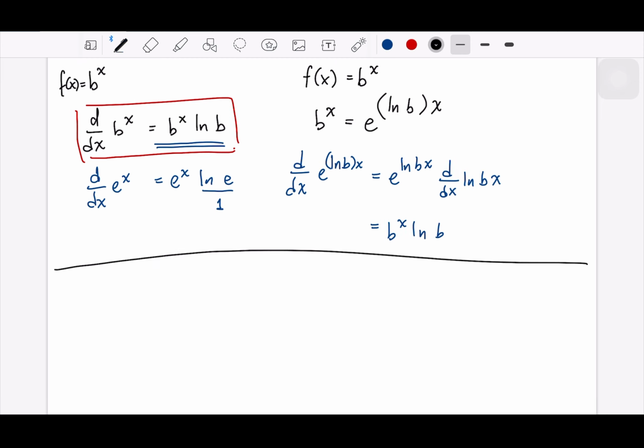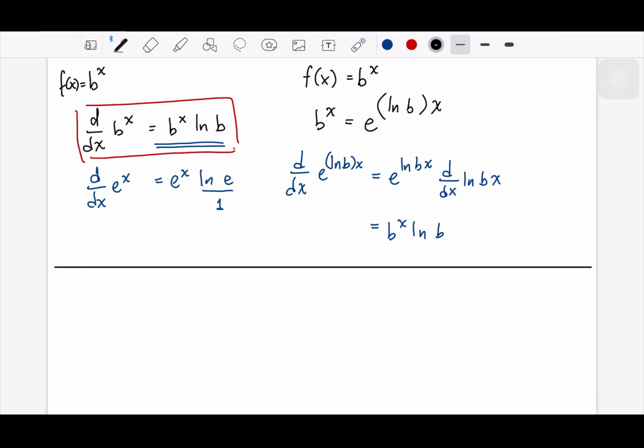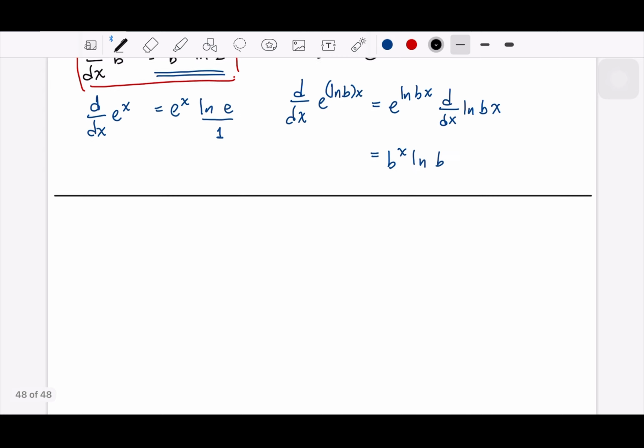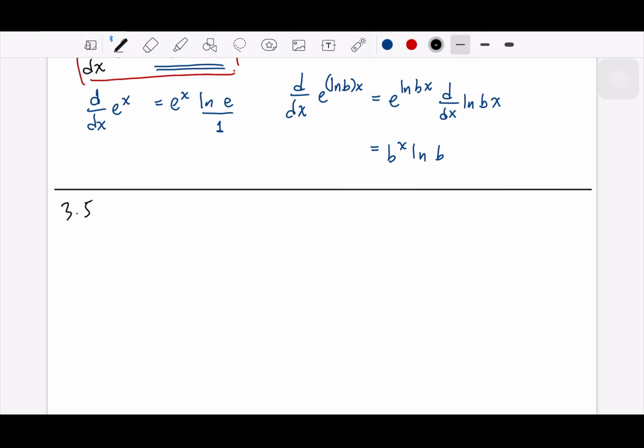Okay, for today, I would like to focus on, I think this will be the last section. The section is called 3.5, implicit differentiation.